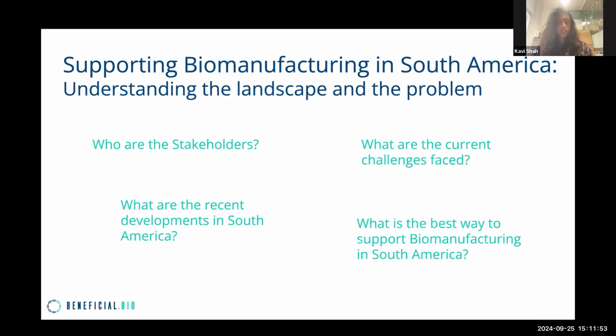So what we really wanted to do was identify who the stakeholders are, what are the current challenges faced by stakeholders in South America, what have been the recent developments in the past few years during COVID and post-COVID, and then try and think about the best ways to support biomanufacturing in South America, both as Beneficial Bio, but more generally.